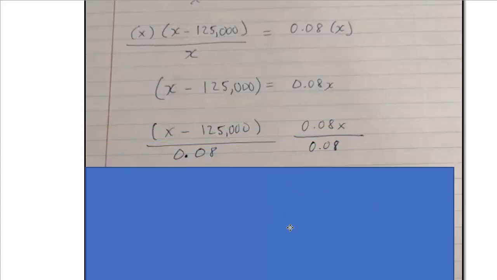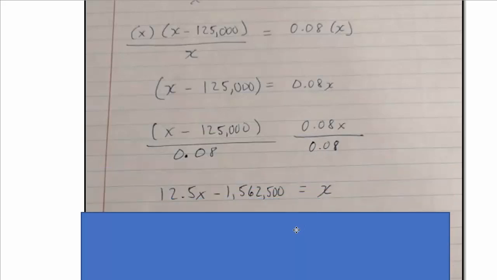Well, now what I would do is divide both sides of the equation by 0.08. When we do that, the 0.08 divided by 0.08 becomes 1. So what we're left with, and then on the left side, you have to take 1x divided by 0.08, so that would get you 12.5x.